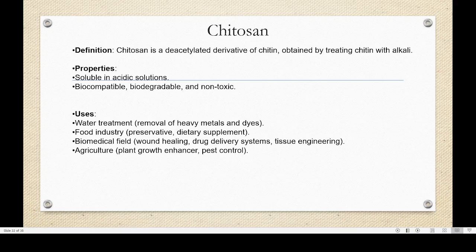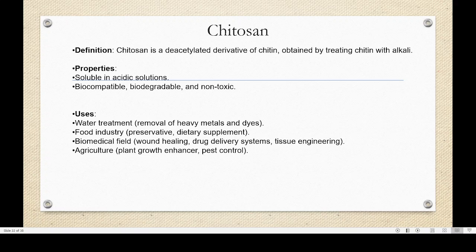If we make it into a powder-like material, it will appear like that. Here also you can see that. If you look at the physical nature, it is almost a powder-like material. That's how chitin and chitosan appear.